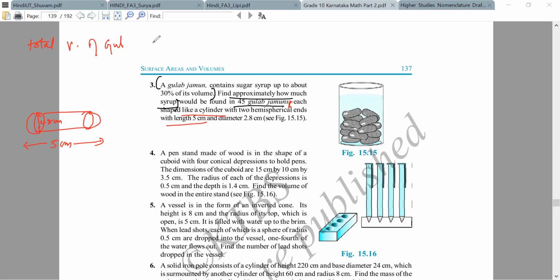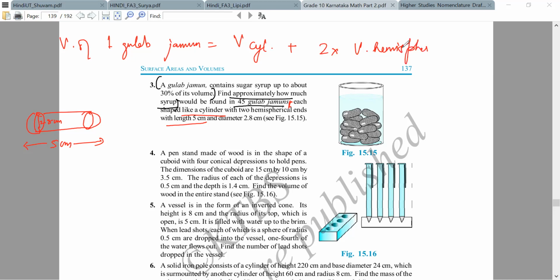Actually, let's write the volume of 1 gulab jamun first. So how do we write that? Volume of cylinder plus 2 into volume of hemisphere. Are we okay with that? Yes, we can find this. This is the volume of 1 gulab jamun.